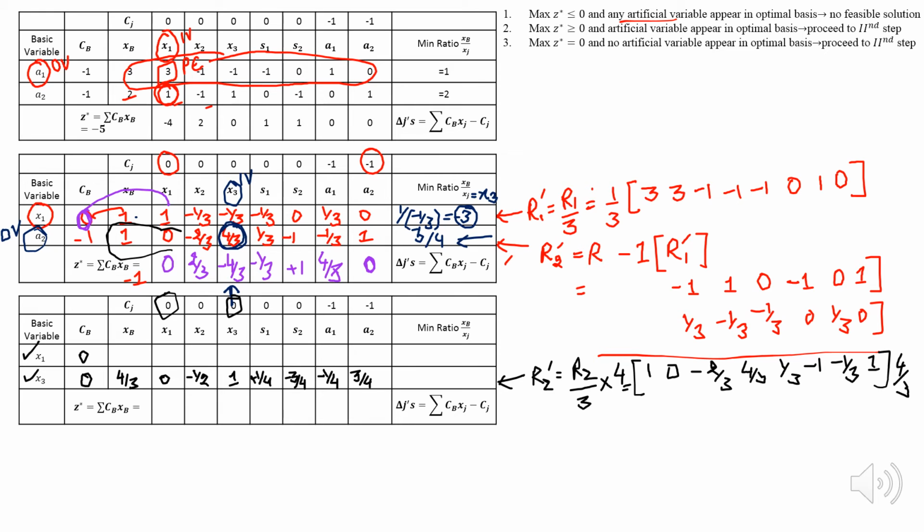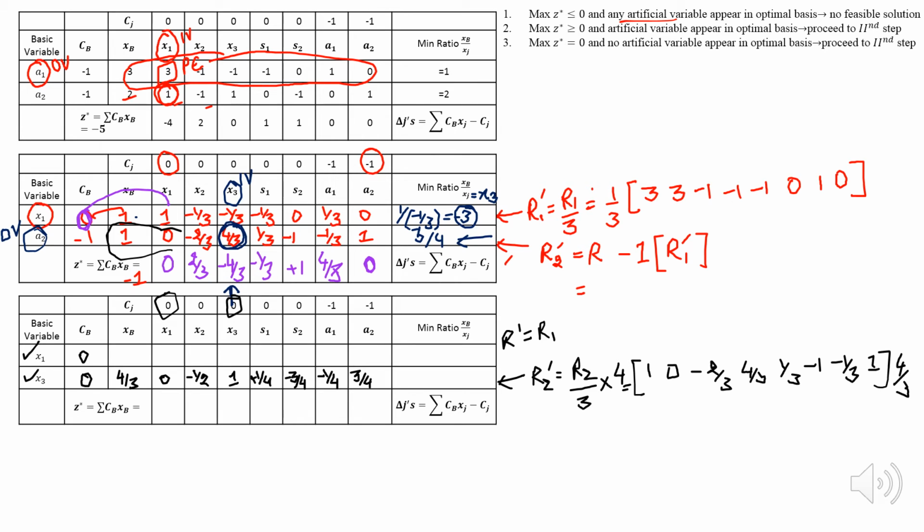Then similarly we are going to calculate our other row. Okay, so I am just rewriting all the things which we have seen earlier. Its new row value you can obtain by applying the operation R1 dash will be R1 minus the column element, minus 1 by 3, which will become plus 1 by 3, into the new pivot row.